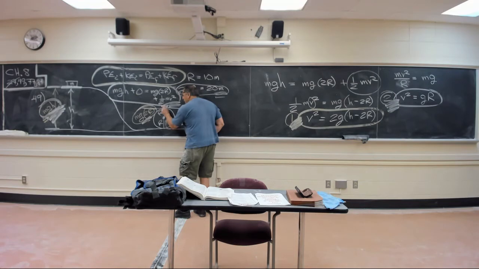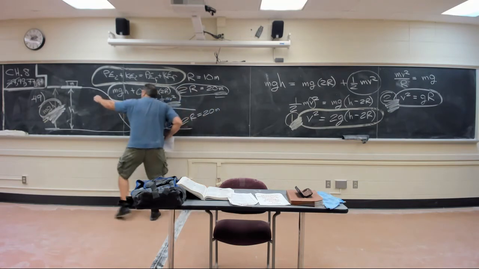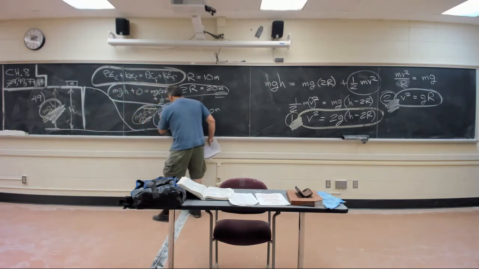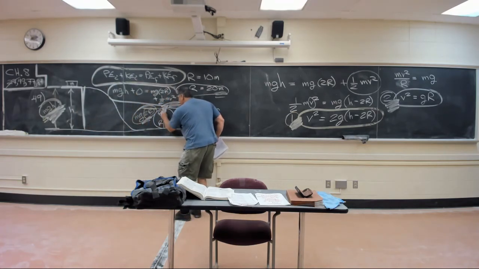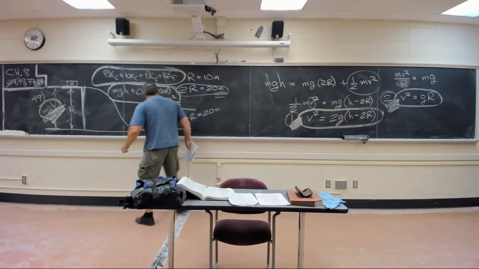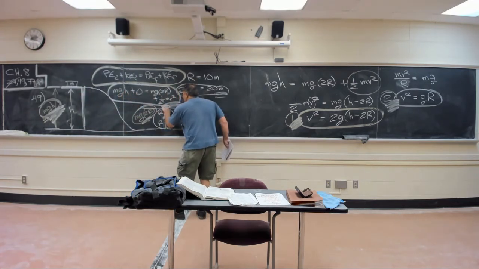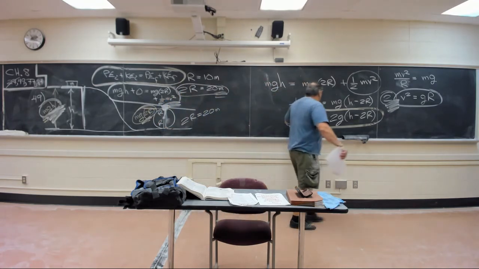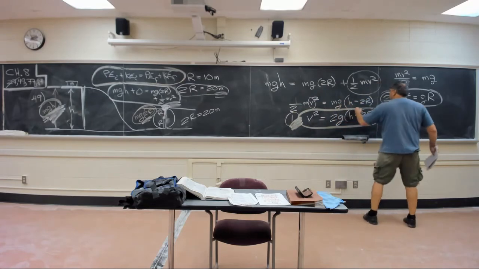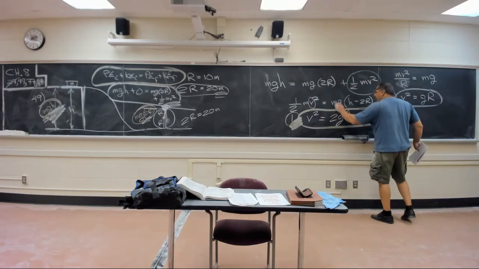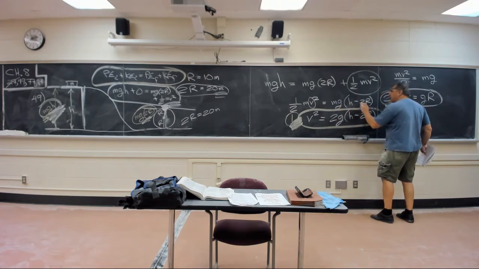1/2 mv squared is equal to all of this potential energy minus all of that potential energy. This potential energy subtracted from that potential energy will give you the kinetic energy of the roller coaster at that instant. 1/2 mv squared is equal to mgh minus mg2r, which is mg times the quantity h minus 2r.